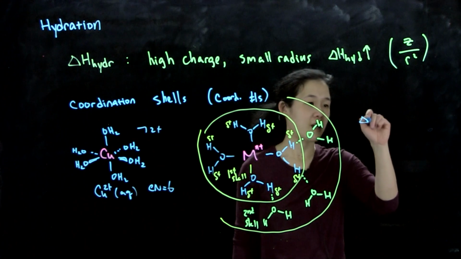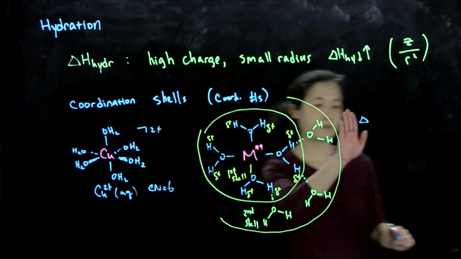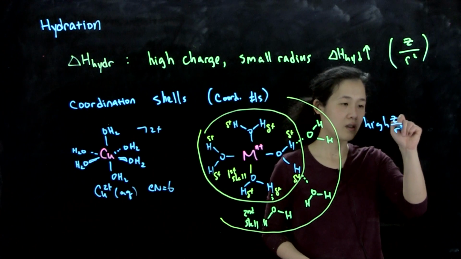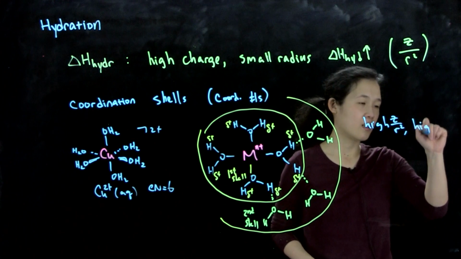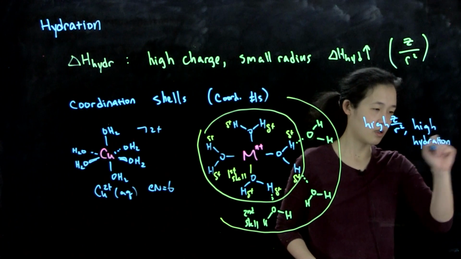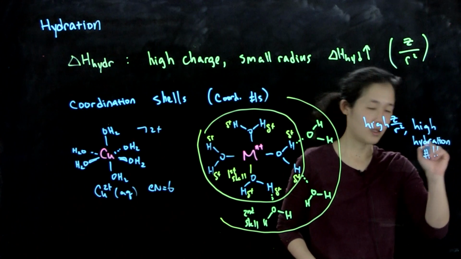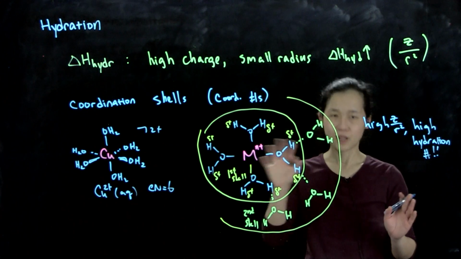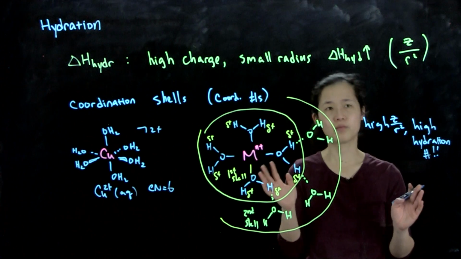So if we have high Z over R squared, we have a high hydration number. As a result, for example, lithium can carry around more than 6. I think I'll show the number in class on Monday.